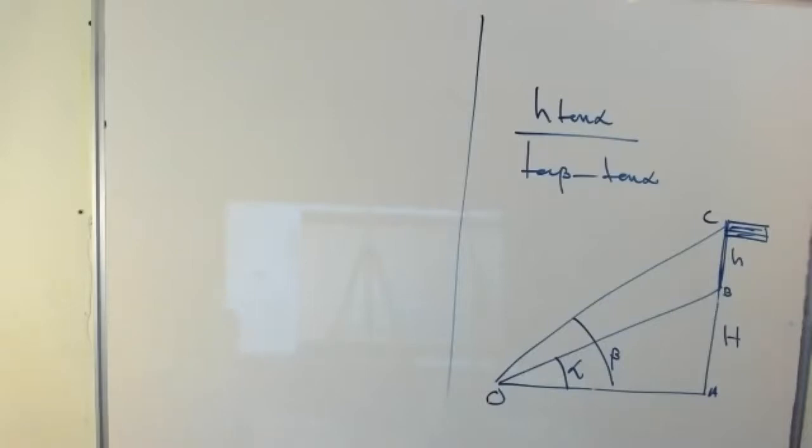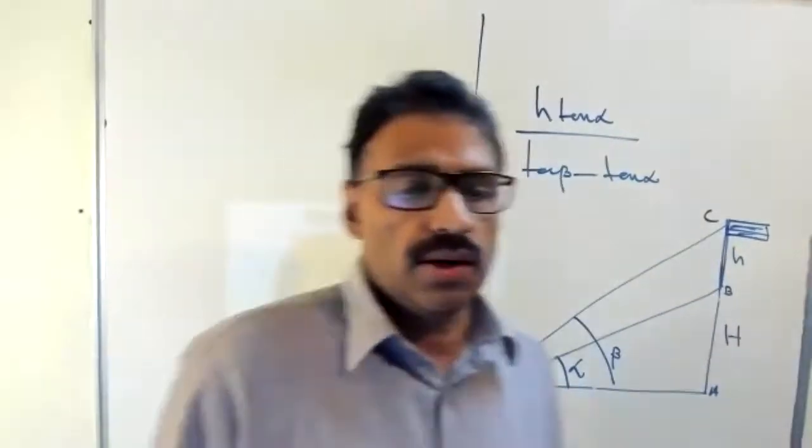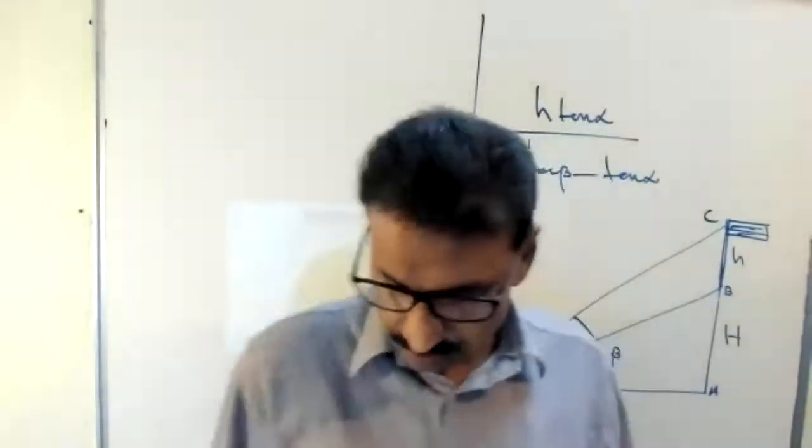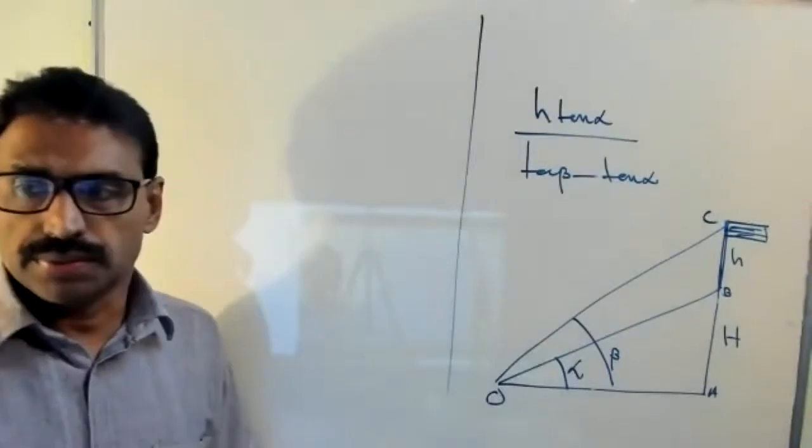Let AB equal to capital H, BC equal to small h. That's all. Now clear or not? Okay or not?